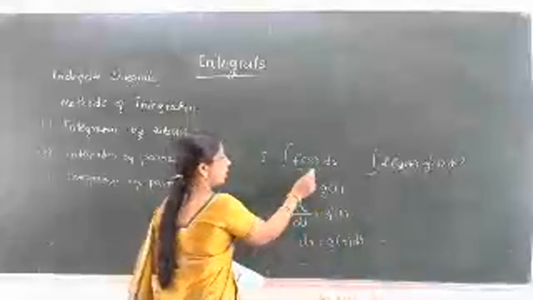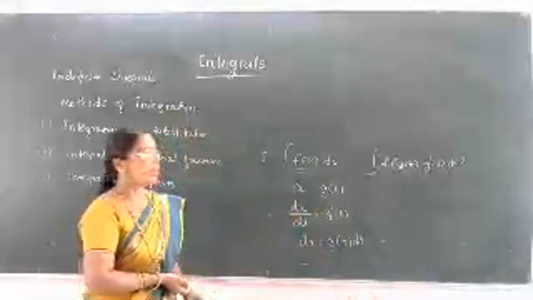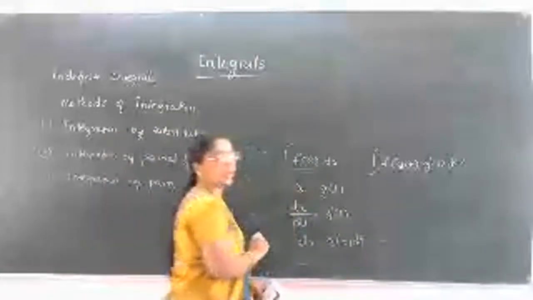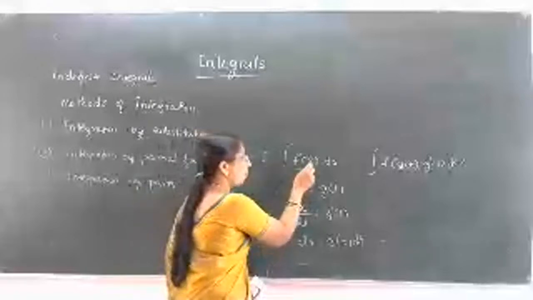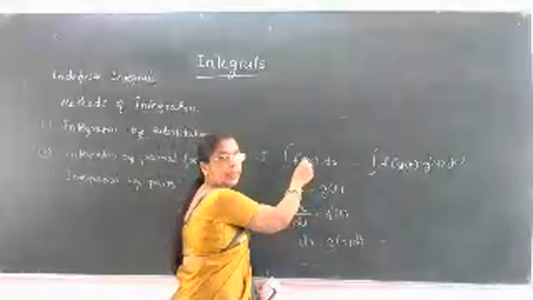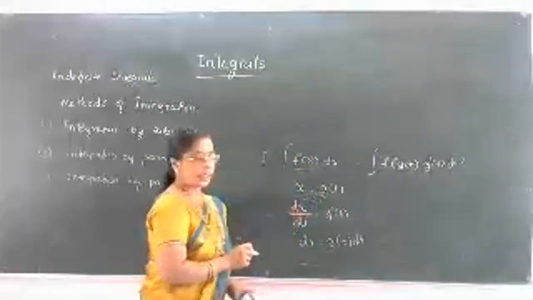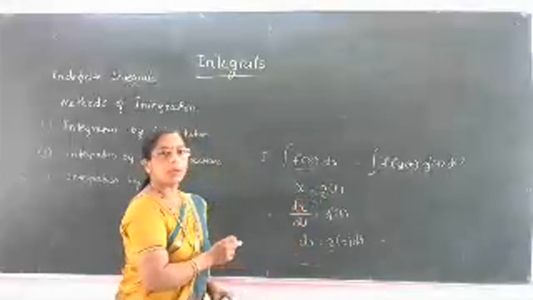Here the function f of x dx is given, but we can't integrate this one directly. The independent variable is x. We substitute x is equal to g of t, then differentiate x with respect to t.